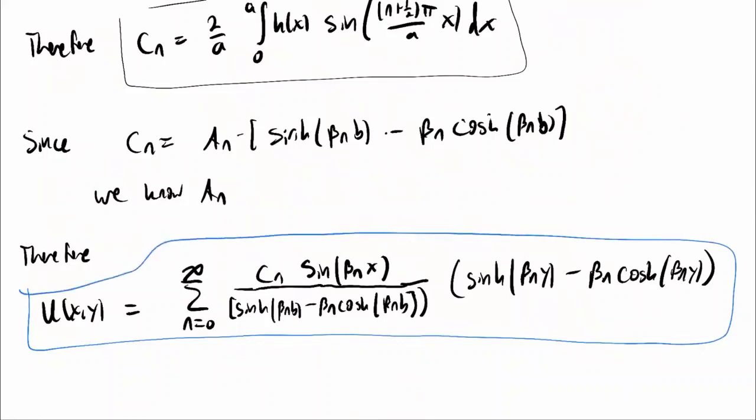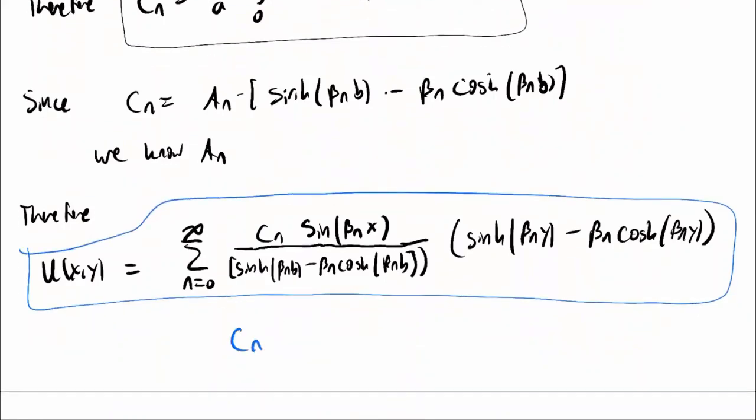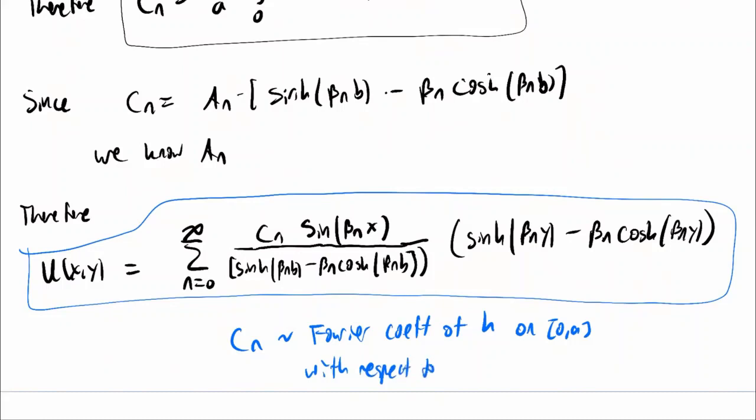Right, so this is our final solution formula, where Cn is like the Fourier coefficient of h on the interval between 0 and a with respect to not quite the sine Fourier coefficient, but the Fourier coefficient with respect to sine of (n plus 1/2) over a pi x, right?